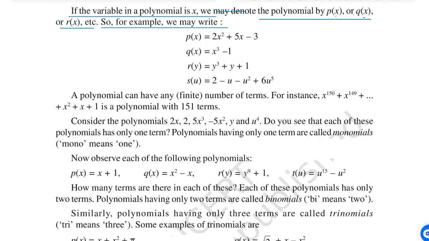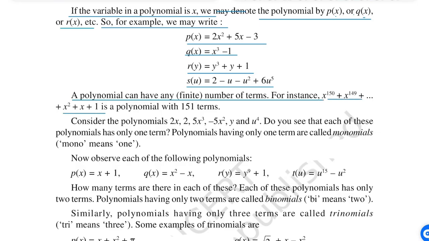So for example, we may write p(x) = 2x² + 5x − 3, q(x) = x³ − x − 1, r(y) = y³ + y + 1, s(u) = 2 − u − u² + 6u⁵. A polynomial can have any number of terms.